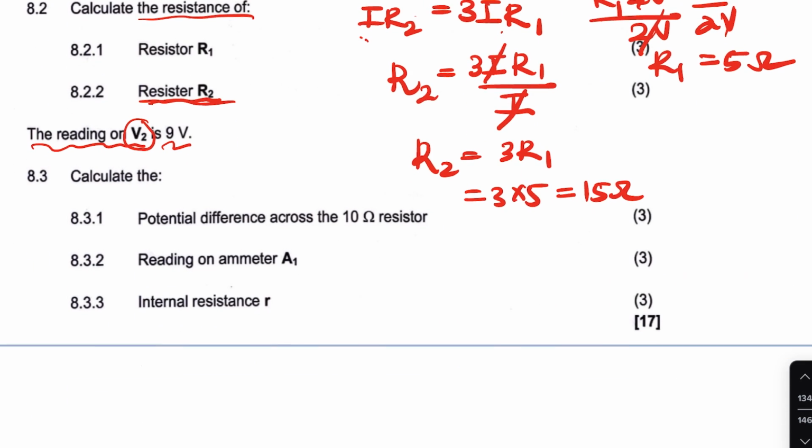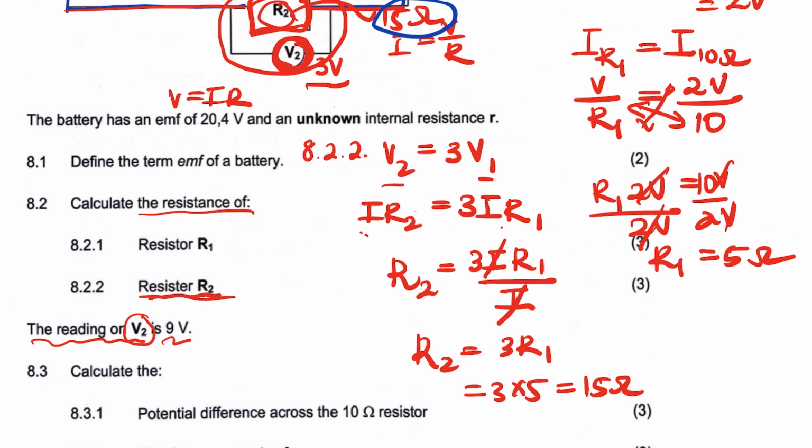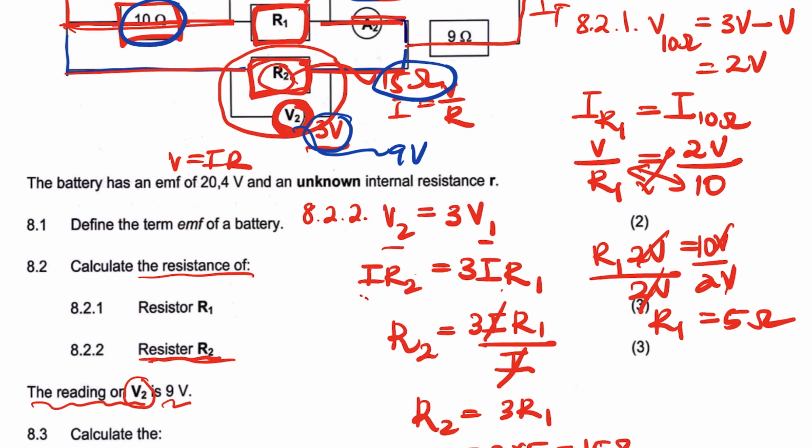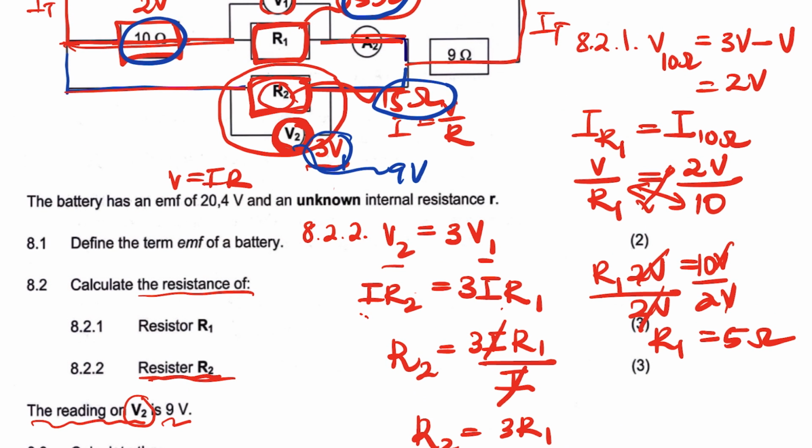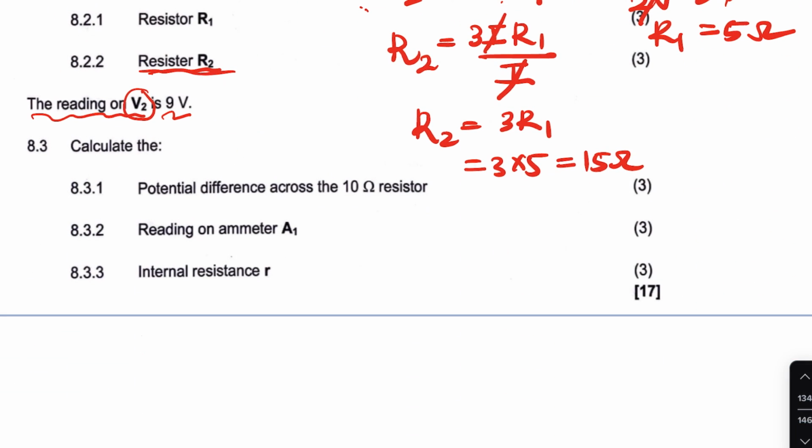Now we are told V2 is 9 volts now. Guys, this was not 3 volts. It was 3 times the voltage of V1, right? Okay, now it says calculate the potential difference across the 10 ohm resistor.